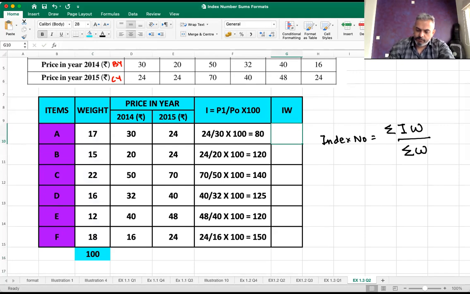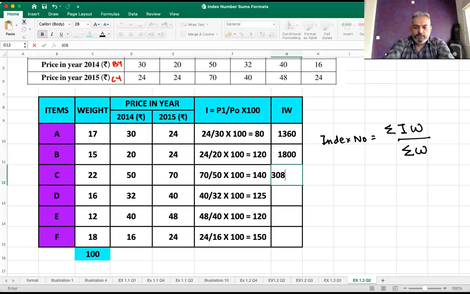So 80 into 17, 1360. 15 into 120 is 1800. 22 into 140 is 3080. 16 into 125 is 2000. 12 into 120, 1440.